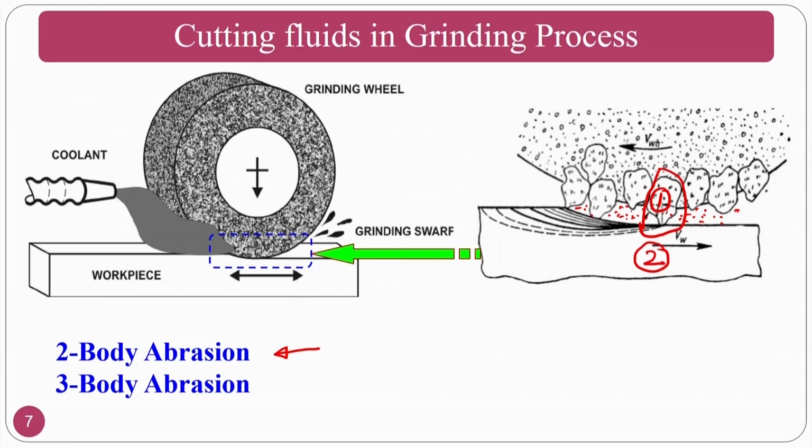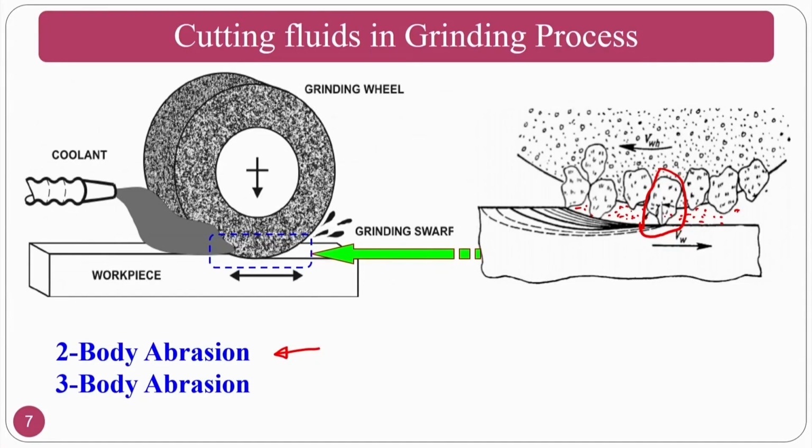For example, if you go for the lapping process or some other processes, or assume that in a soft wheel, that means the grade of the wheel is very soft. In that circumstance, the bonding is very poor and these particles will come out, and they are also involved in the machining process. That means I have a workpiece, I have the grinding wheel where my particles are there. So, there are some other particles which are delaminated or debonded from this one, and these also get involved here.